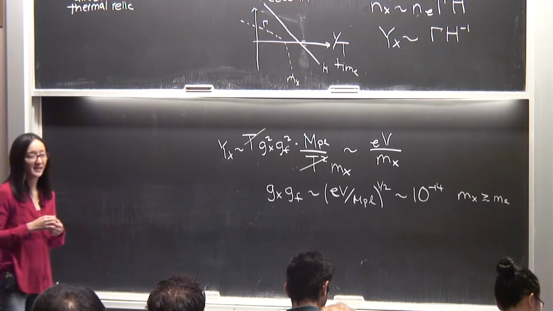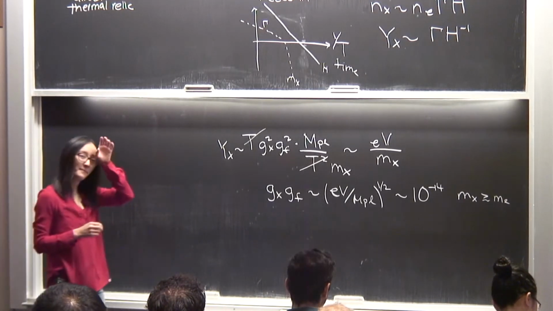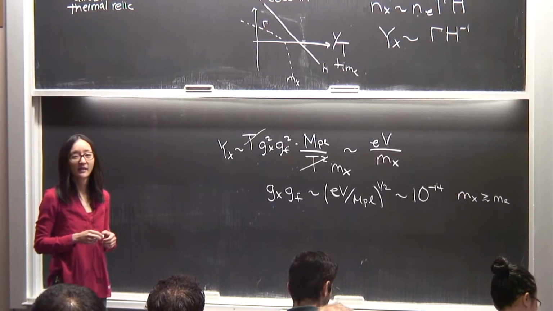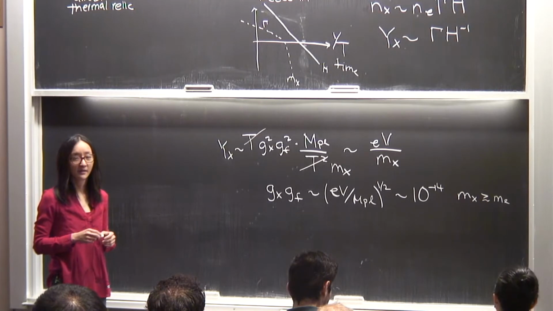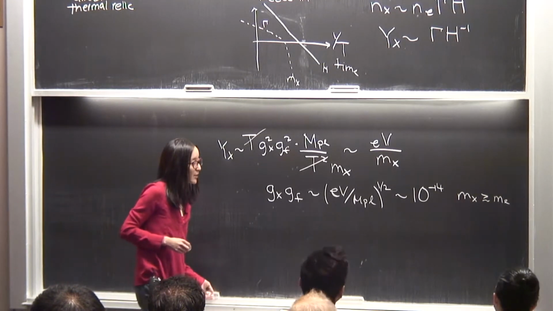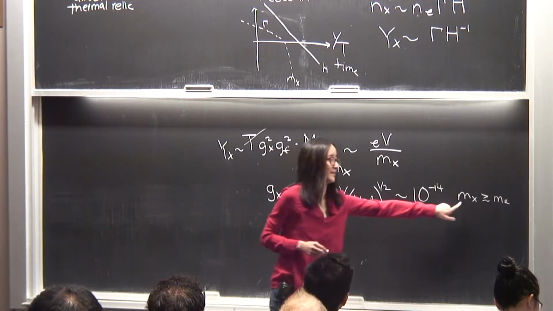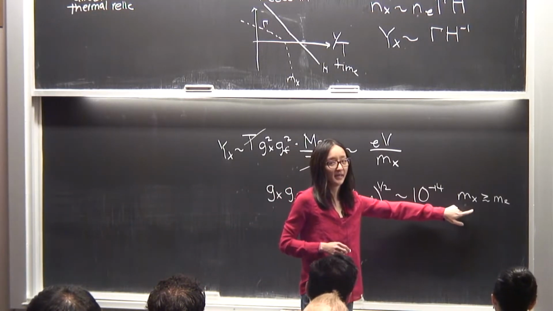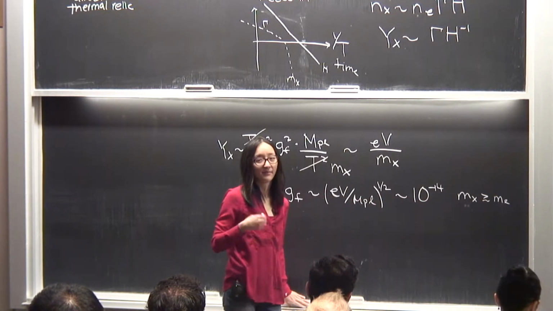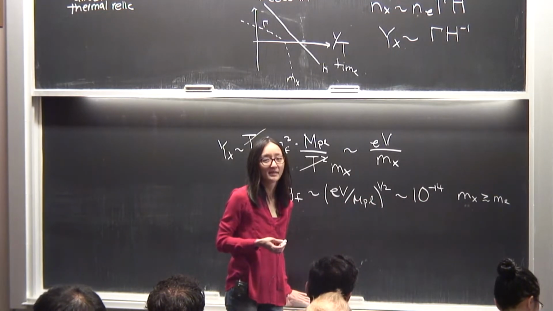Any questions or other comments from last time? Yes? How do you make sure the dark matter will be cold if it's light? So the question is, how do I make sure they're cold? If the mass is greater than an electron mass, then it's still going to be cold by the time structure formation happens.